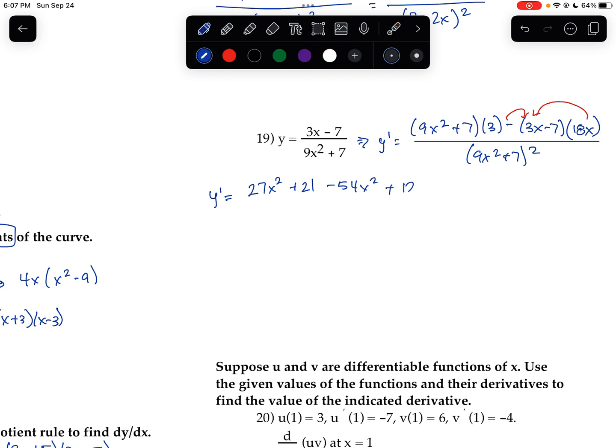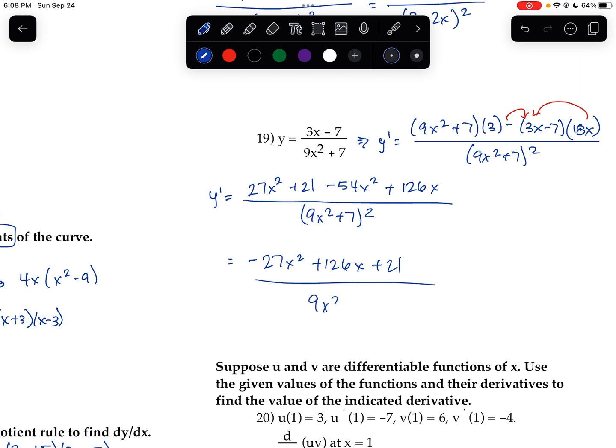So plus 126x all over 9x squared plus 7 squared. So that's just going to be negative 27 right there. So you got negative 27x squared plus 126x and then plus 21 all over 9x squared plus 7 squared. And there you go.